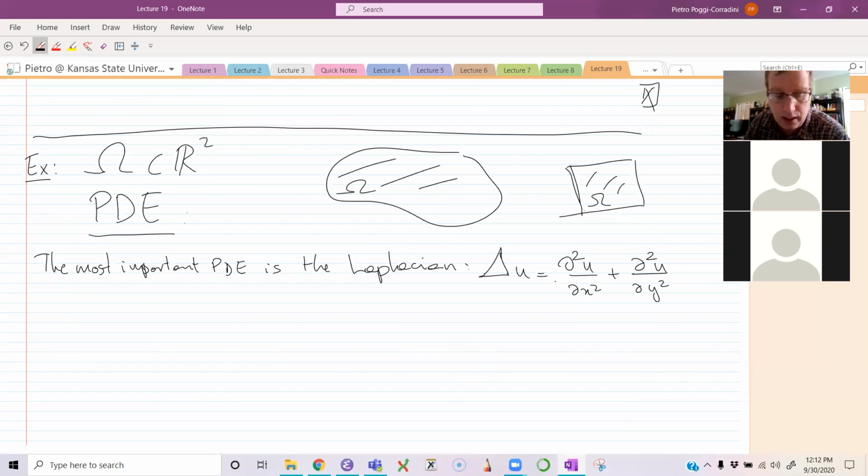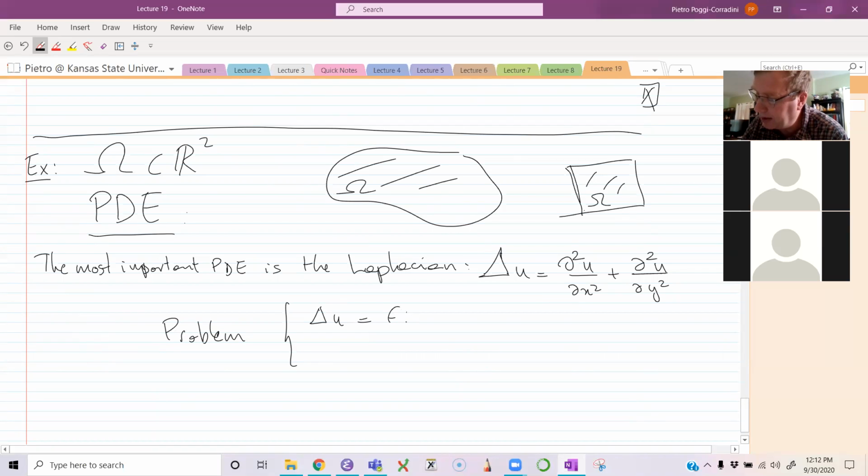And the most general problem you can try to solve is to try to find U that has a given Laplacian.